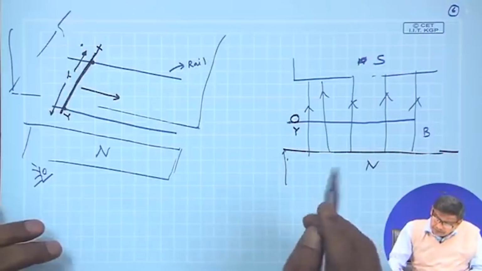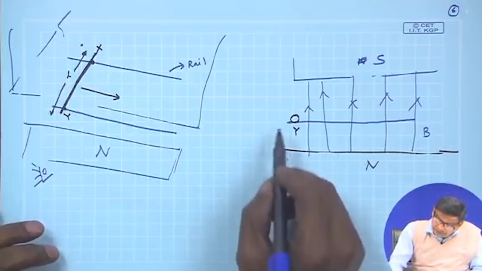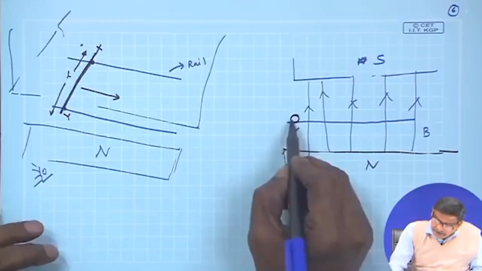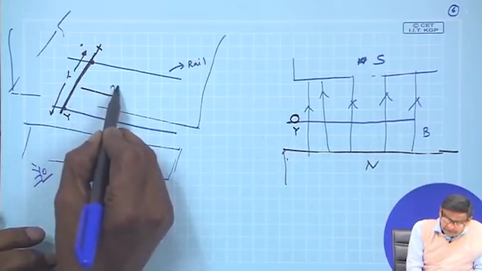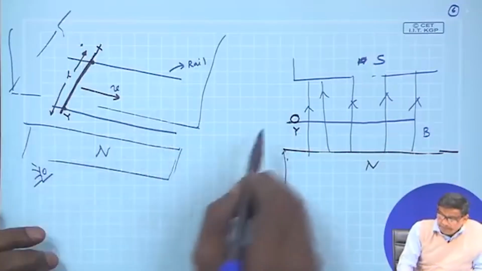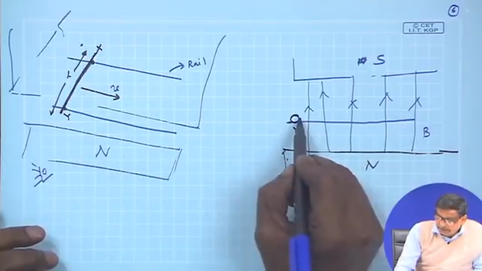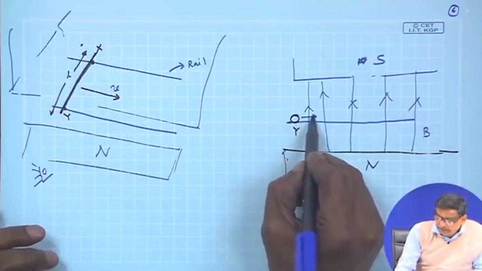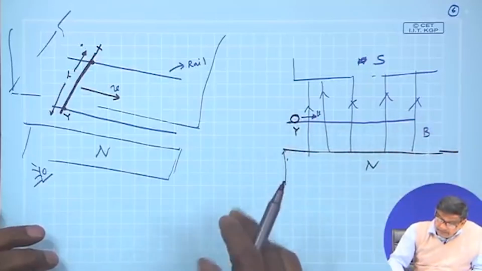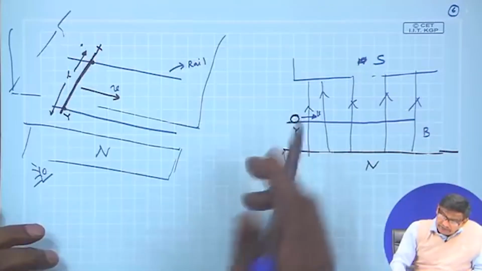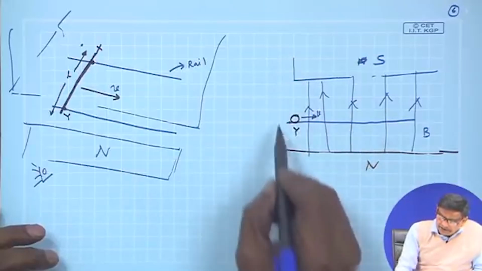Now, as I have told you, suppose I want to move this conductor with a velocity v from left to right. So, this velocity will look like this, and suppose the magnetic field starts from here.